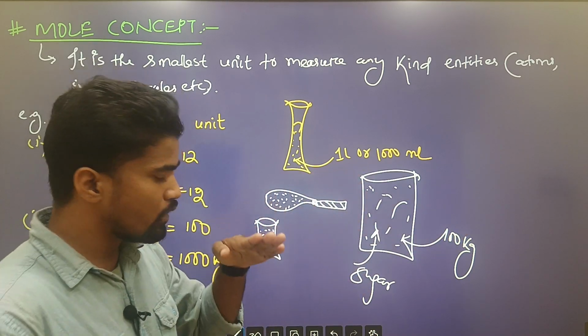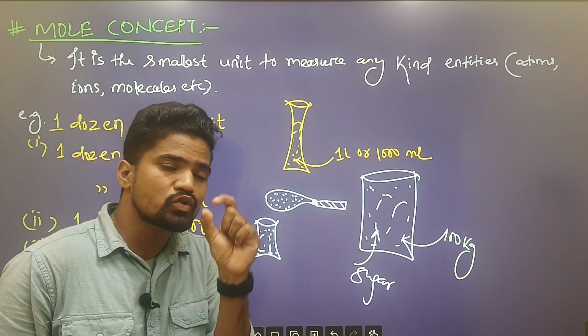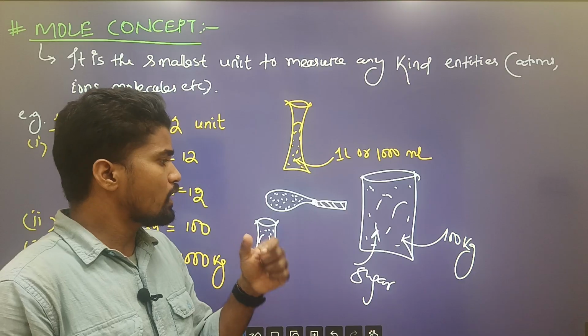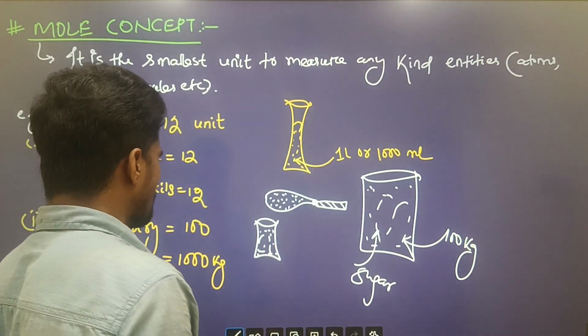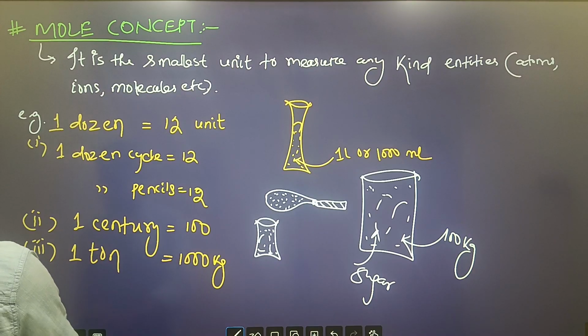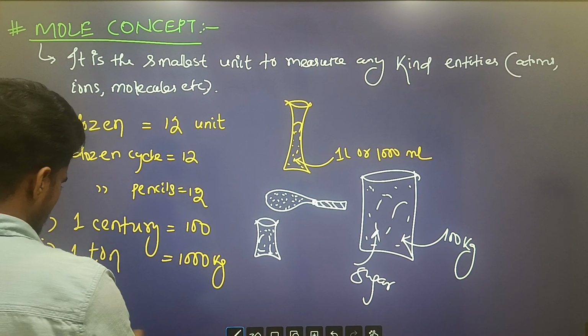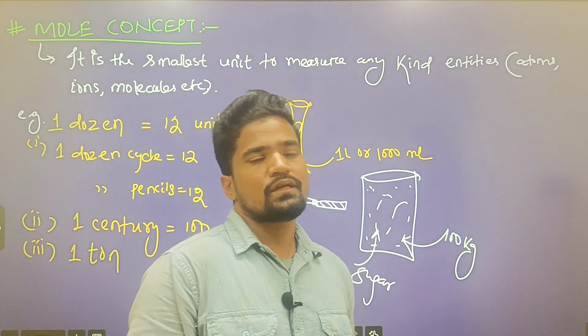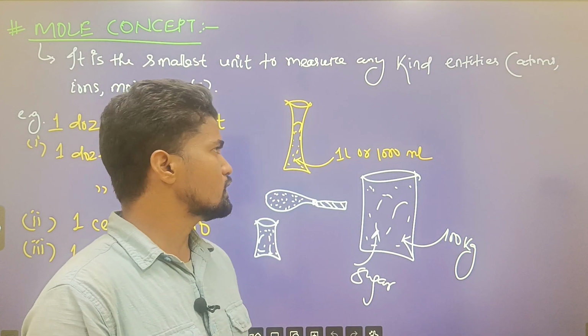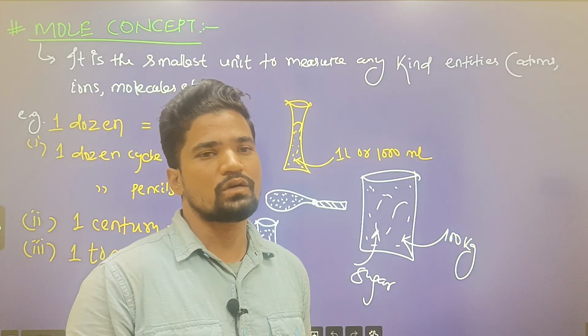So to overcome this, how to calculate and measure this kind of microscopic particles, there was a scientist named Avogadro. Avogadro stated the concept that is called the mole concept.